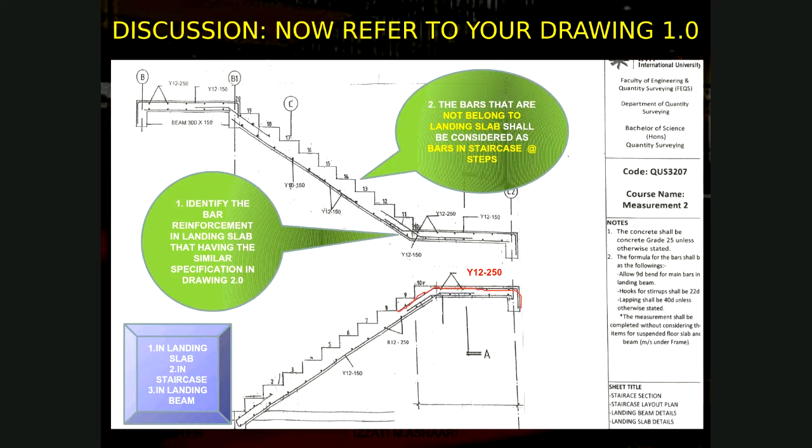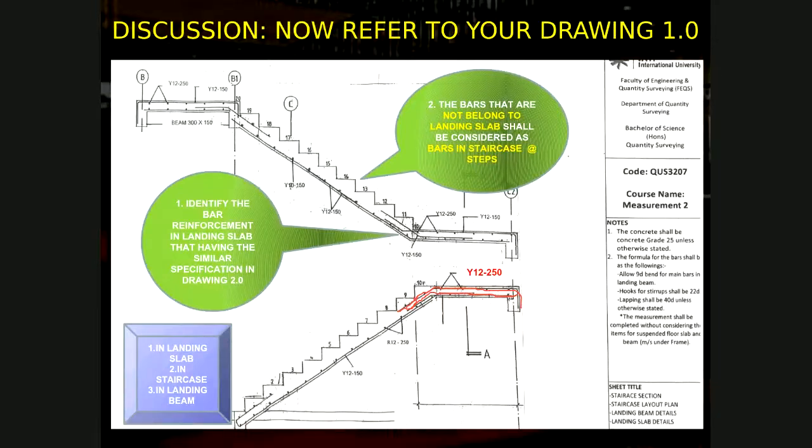Okay, let's say the second one, I would like Engkau How to identify. So Engkau How identifies the bar reinforcement for the bottom bar like this. Okay, so that is the first activity that all my students need to know. You need to double check the bar reinforcement in the landing slab first before you go to the bar reinforcement in the staircase.